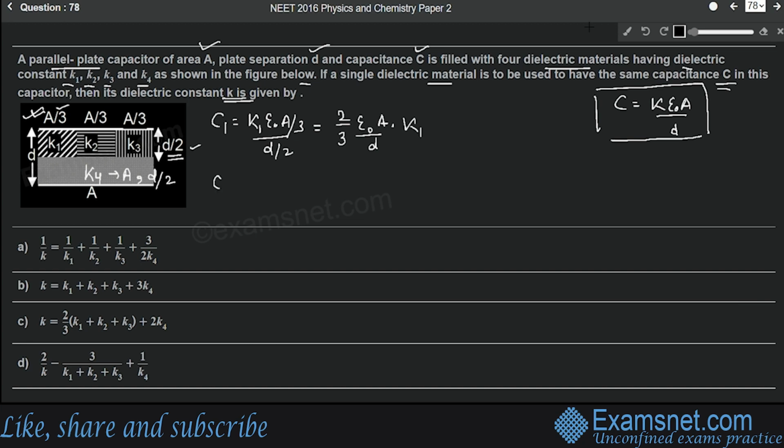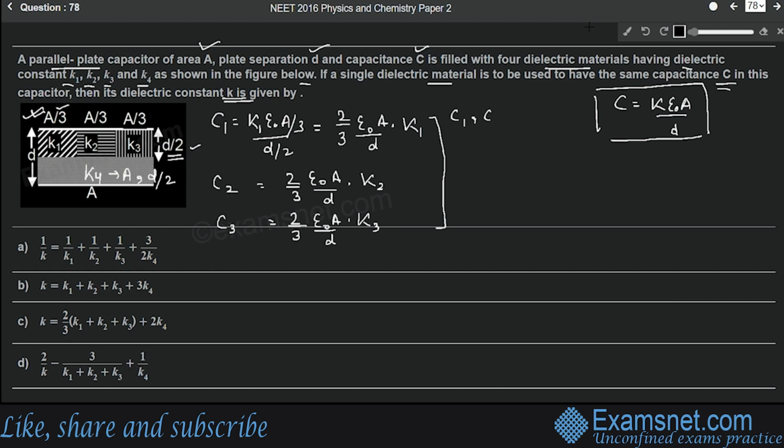Similarly for the second one, C2 will be equal to 2 by 3 epsilon naught A by D into K2. And for the third one, C3 will be equal to 2 by 3 epsilon naught A by D into K3.